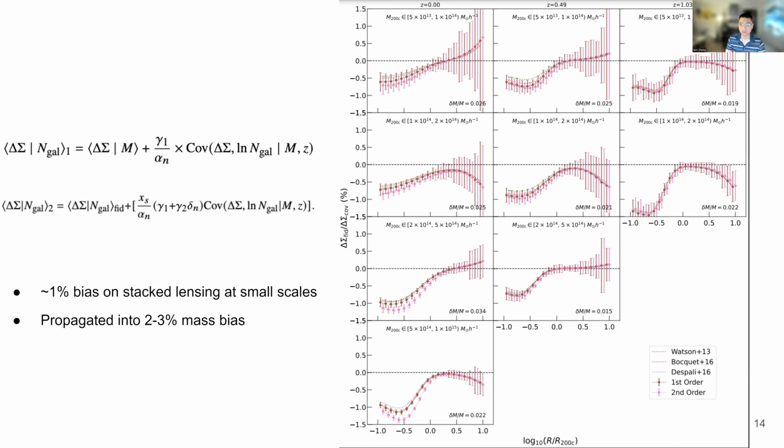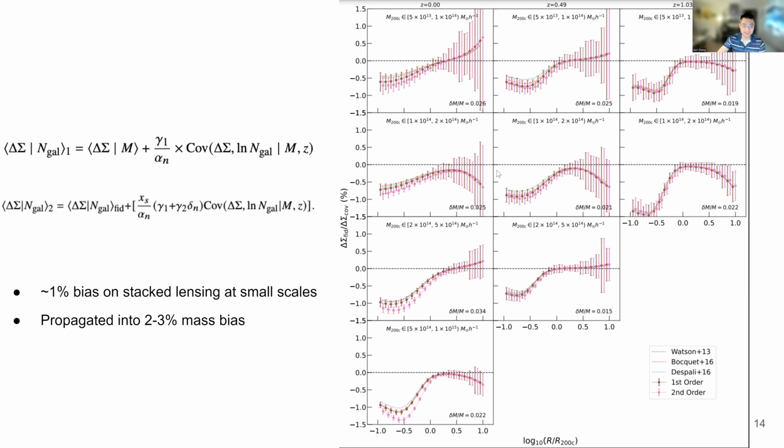What we find here in the brown lines, the first order expansion, is that there is roughly a 1% bias on the stacked delta sigma relation at small scales. We find that different models of the halo mass function, or taking into the second order, these corrections are subdominant to the first order expansion itself, and hence our error measurements converge.